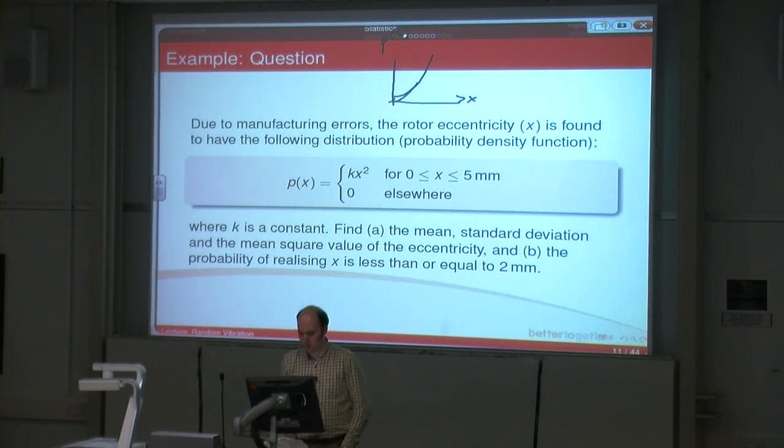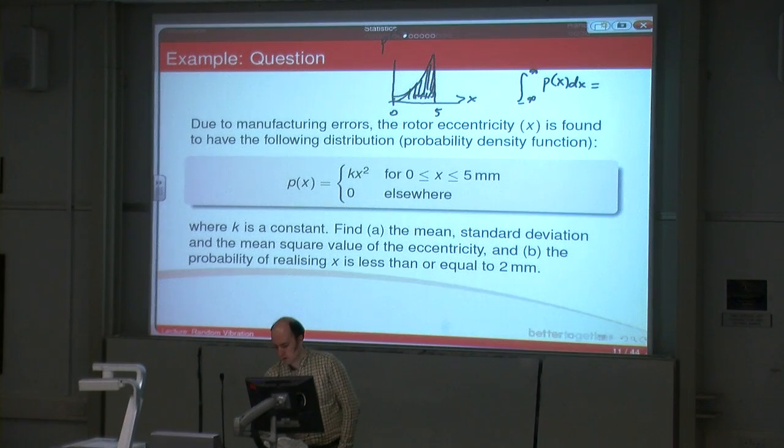And this is between 0 and 5. So there's 100% chance that my eccentricity is going to be in this area, because we know that the integral from minus infinity to infinity of p(x) is 1. There's 100% chance.